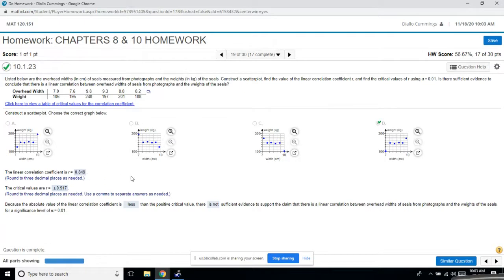All right, so just by knowing how to do this problem, right, find the R value, how to find the critical R values, okay, you should have enough information to do the rest of the problems for chapter 10.